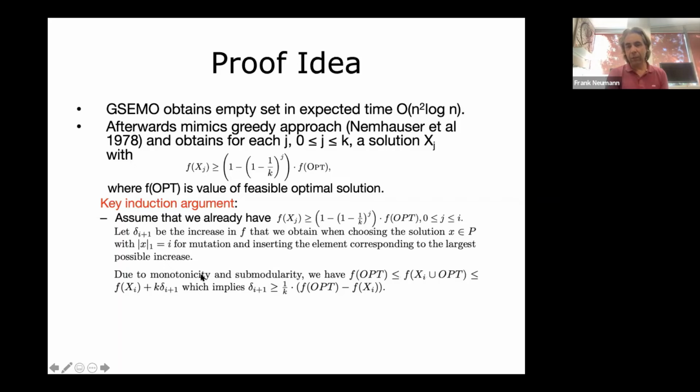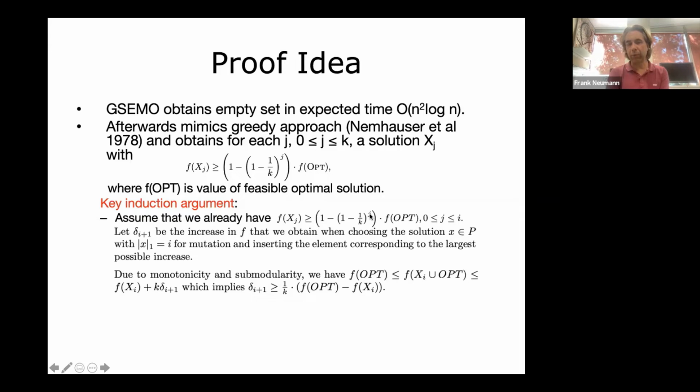And then what you get is a gain for your step when you're adding the next element in, that is 1/k times the difference between what you currently already have for your solution with i elements and the value of an optimal solution. And then you just put everything together by rearranging these terms and effectively just increasing the exponent by 1.